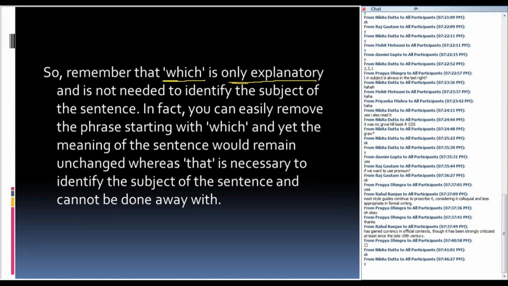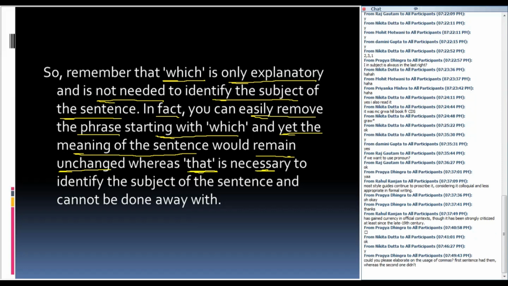It is not needed to identify the subject of the sentence. In fact, you can easily remove the phrase which starts with "which," and yet the meaning of the sentence will remain unchanged. Whereas "that" is necessary to identify the subject of the sentence, and it cannot be done away with.